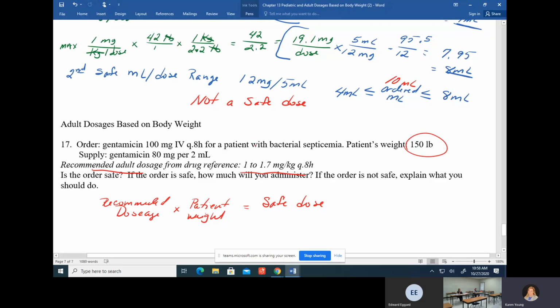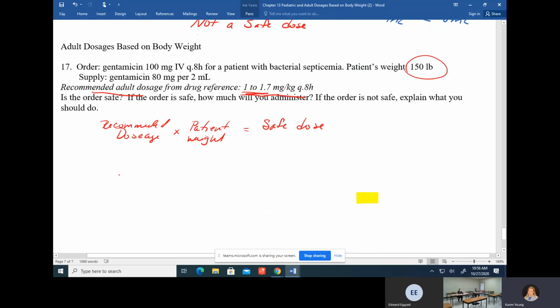So my recommended dose is the 1 to 1.7. Just like we did a while ago, I'm going to do the 1 milligram per kilogram, and that is every 8 hours. So if it's every 8 hours, that's per dose. If it was per 24 hours, then it would be per day.